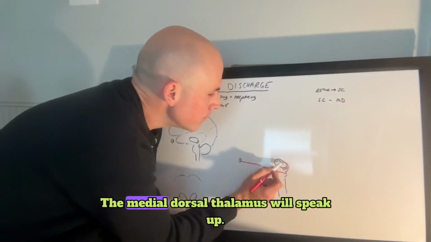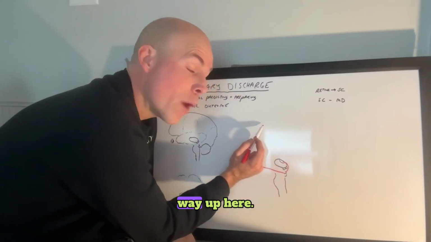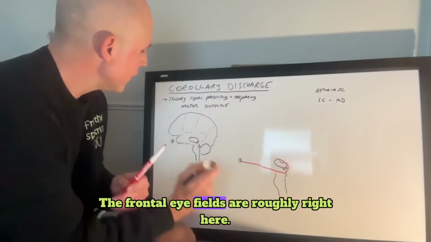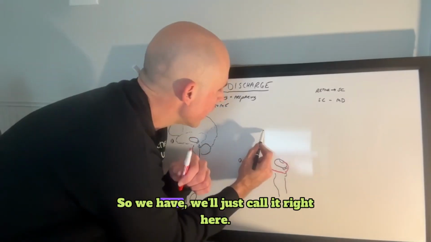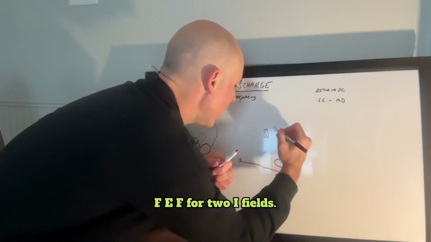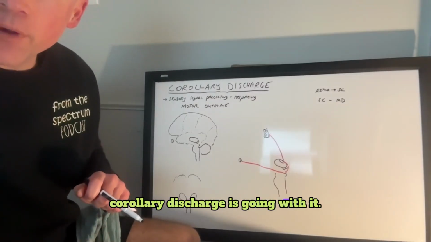The medial dorsal thalamus will speak up, way up here. It's a distal connection to the frontal eye fields. The frontal eye fields are roughly right here. So we'll just call it right here, FEF. Frontal eye fields. The corollary discharge is going with it, CD.